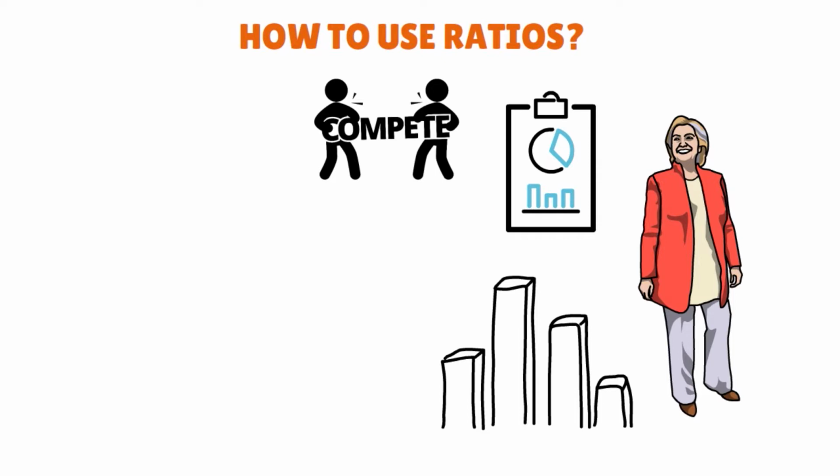Or you can compare that based on set performance targets. So if research analysts or experts in the industry have set certain performance targets, you can calculate the financial ratios of the company and compare them with those established performance targets.